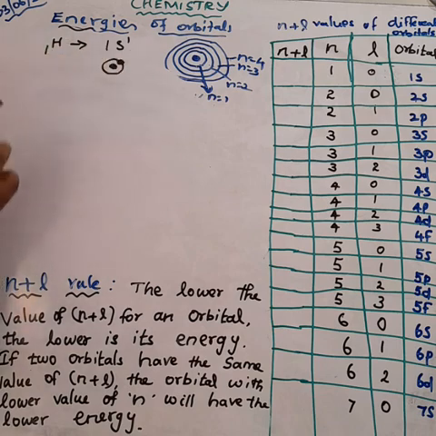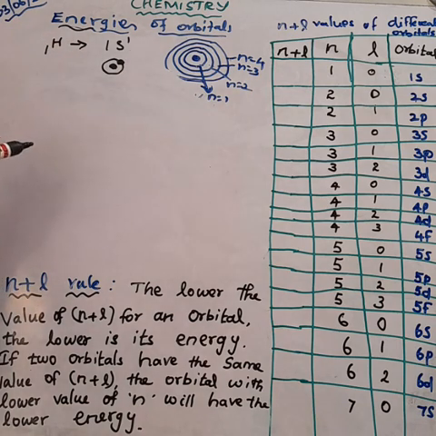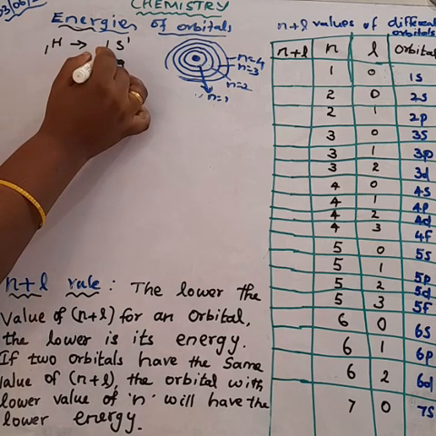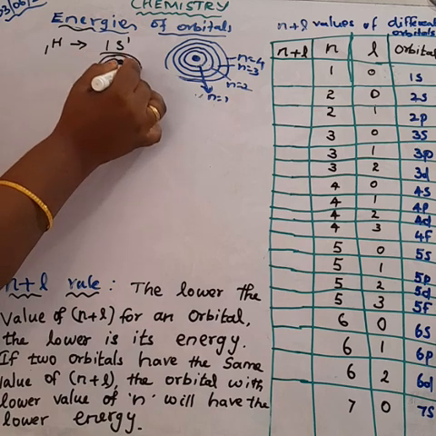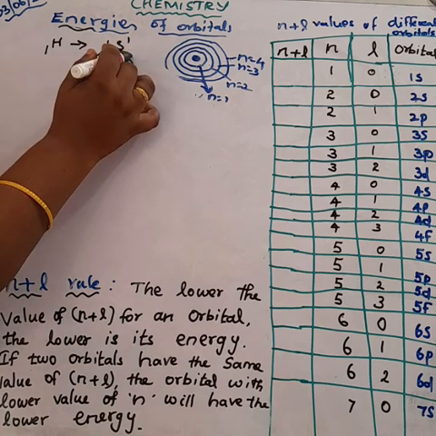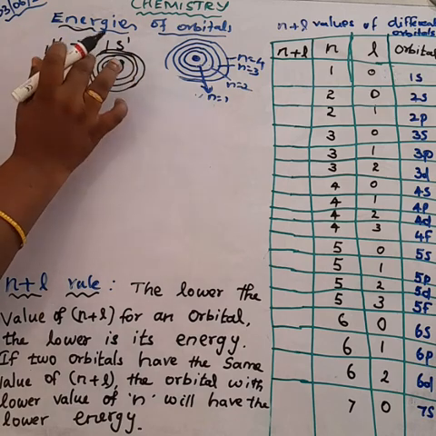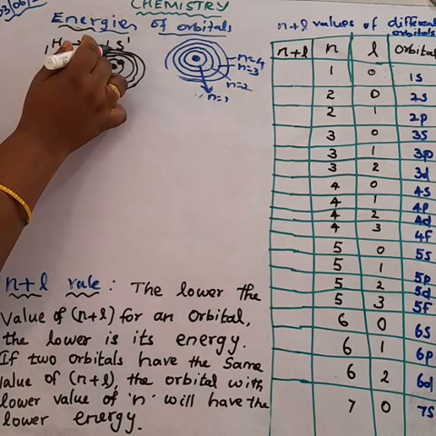Suppose it gains energy, it moves to the second orbit or third orbit or fourth orbit, depending on how much energy it can gain.